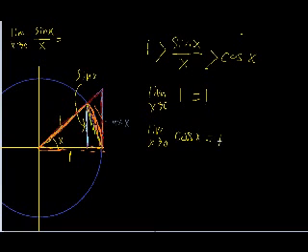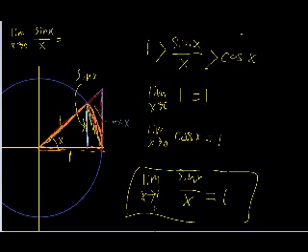And so, because the limit as x approaches 0 for 1 equals 1, and the limit as x approaches 0 for cosine x equals 1, then that means, because of the squeeze theorem, that the limit as x approaches 0 for sine of x over x must also equal 1. And there you have it. That is the proof that the limit as x approaches 0 for sine of x over x is equal to 1.